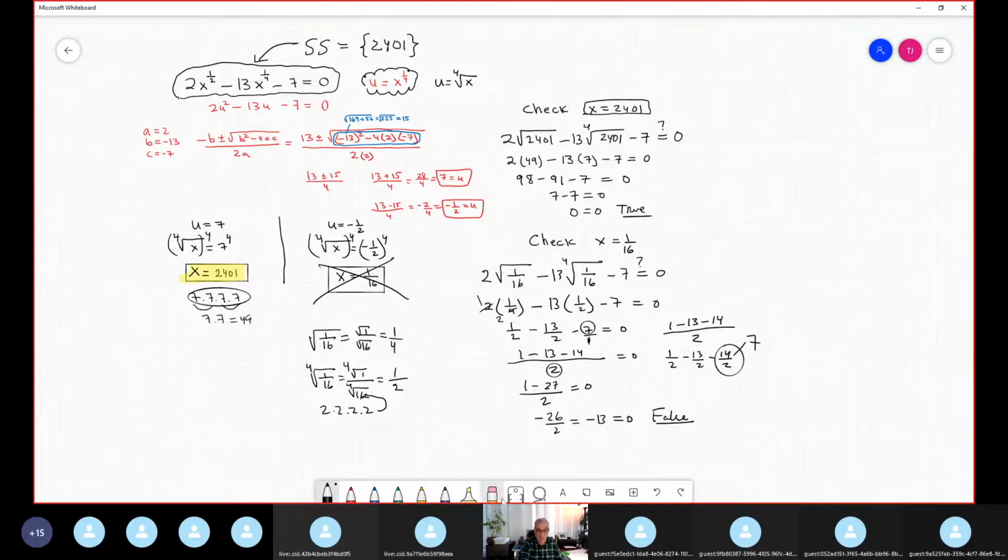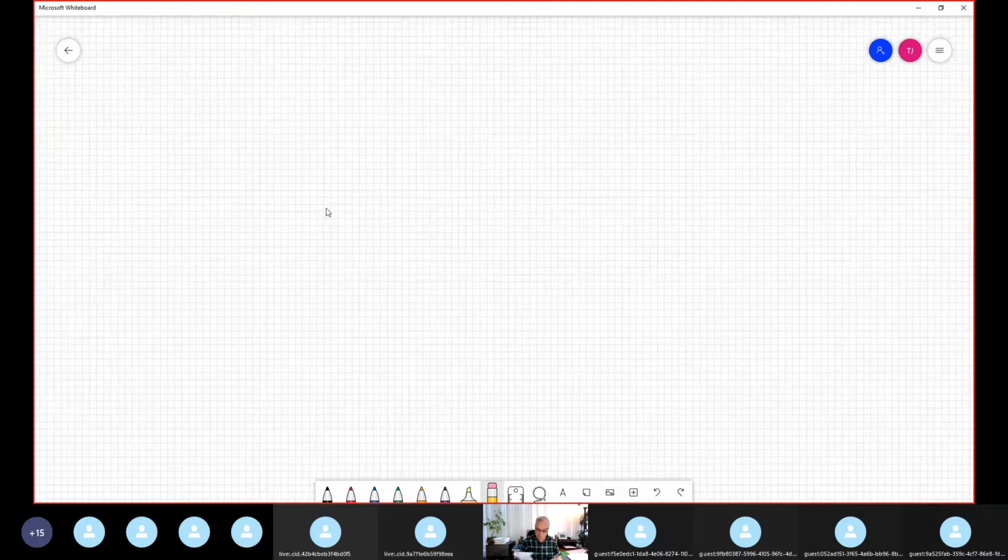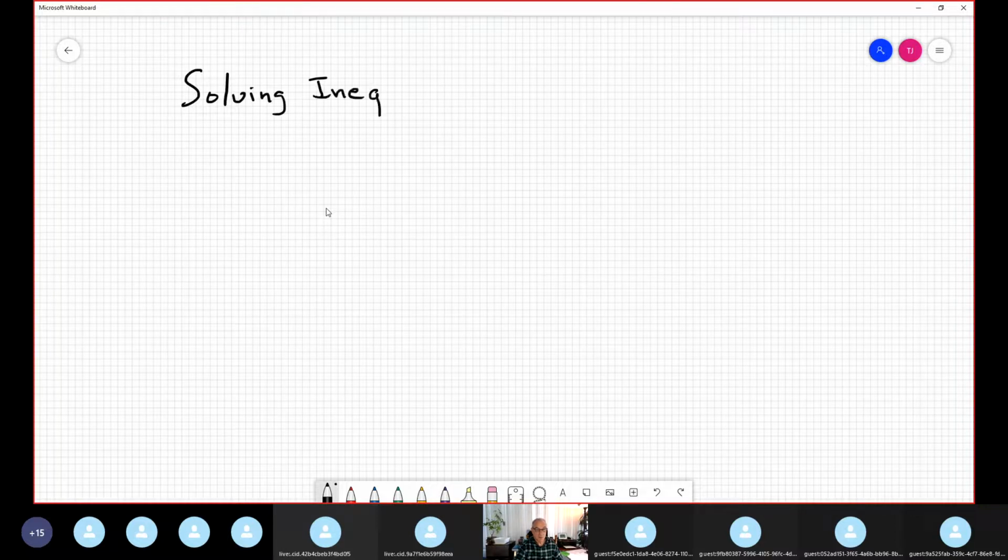For example, the most important thing you need to remember in the solution for the inequality. So, solving inequality. Okay. The inequality, instead of the equal sign, you have that symbol, no?